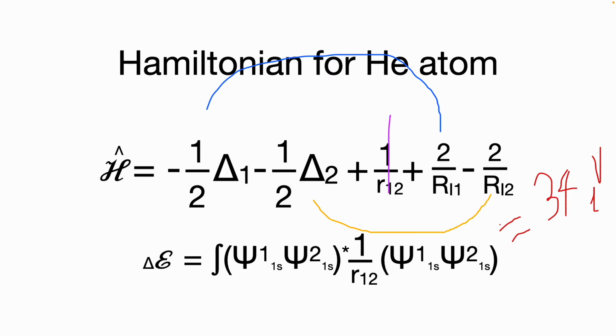The eigenvalue for that system can be computed assuming the fact that when we don't have the R12 term, the system is essentially a hydrogen-like atom system.